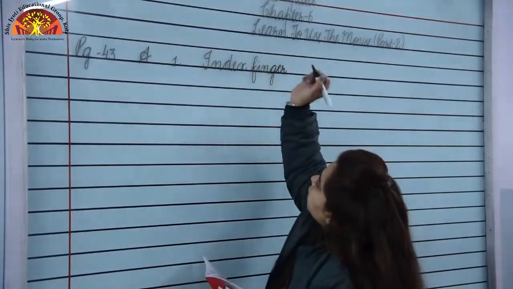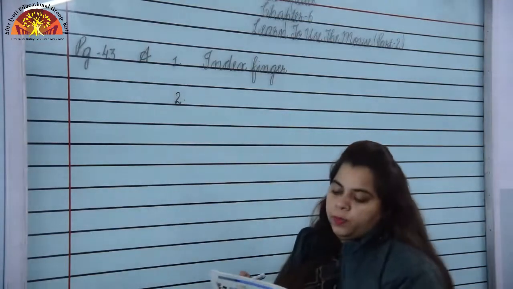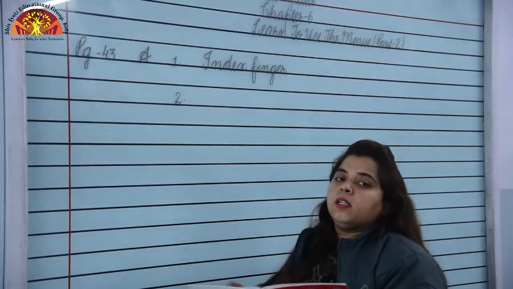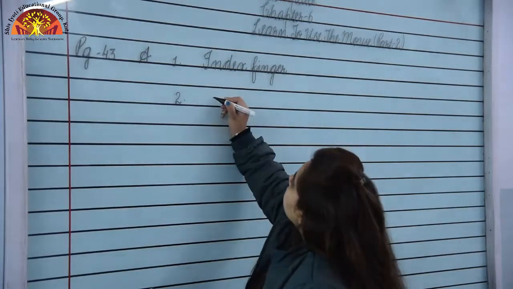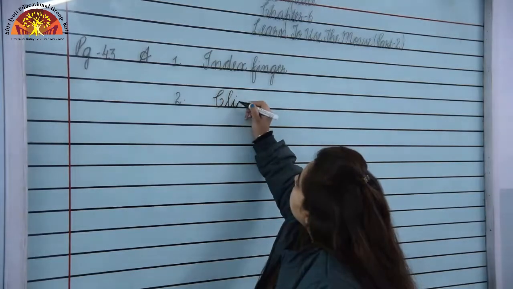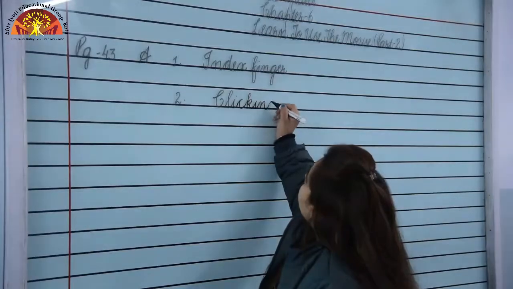F-I-N-G-E-R. Finger. Next question is, which activity of mouse is done on start button? Which activity is done, children? It is clicking. C-L-I-C-K-I-N-G. C will be capital.